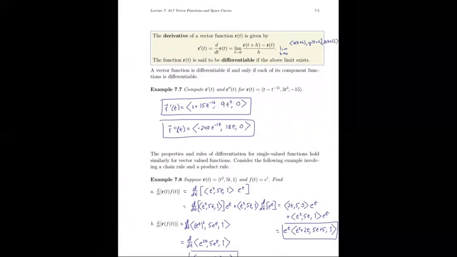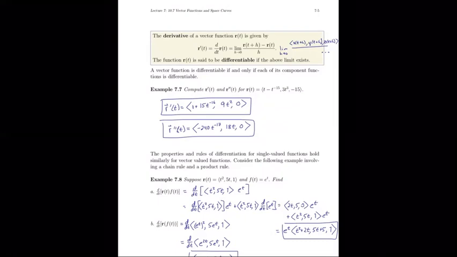Essentially, the derivative is just doing the derivative in 3 different components, taking that limit in the 3 different components that are here. And I'll put ellipses to show that that's not really a finished statement, but it starts you off on what the deal is. But otherwise, everything is exactly the same as single dimensions.